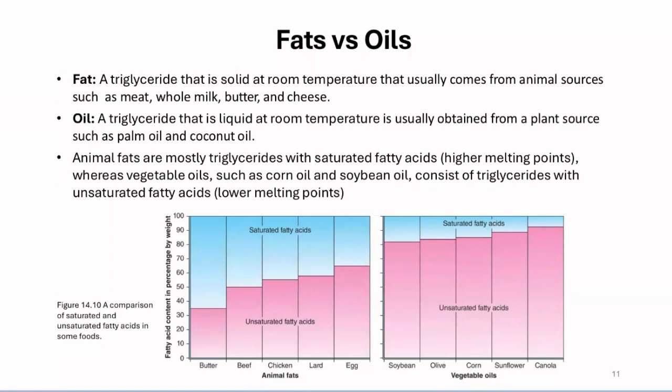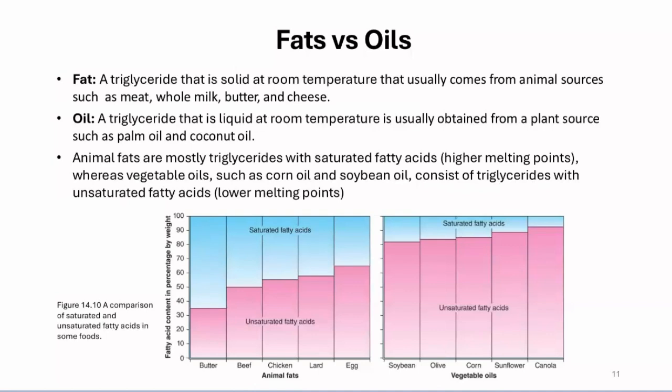Now, in this graph, the blue area represents the percentage of saturated fatty acids present in these molecules, and we see large areas of blue in many of the animal-based foods that contain fat.